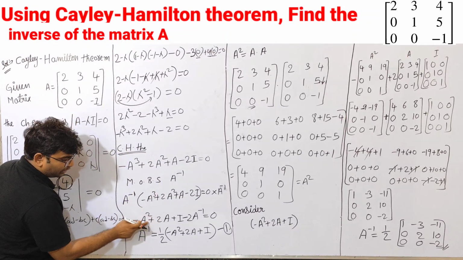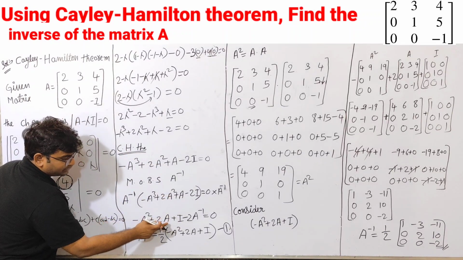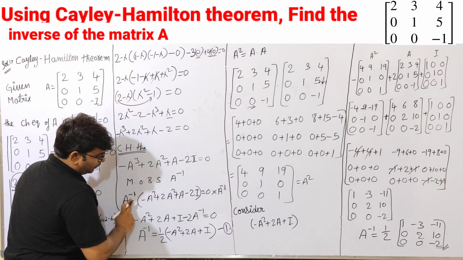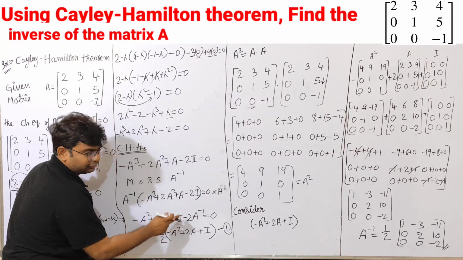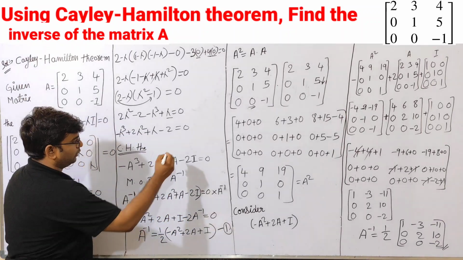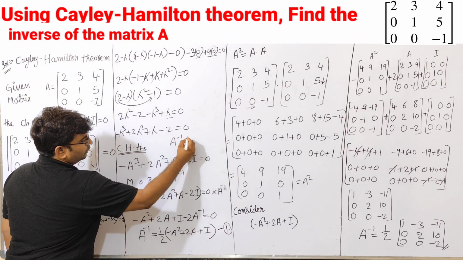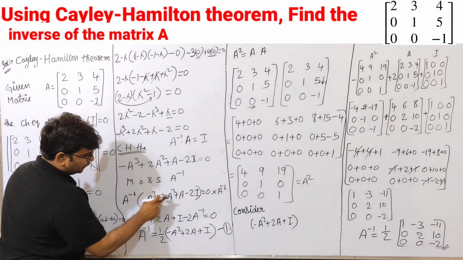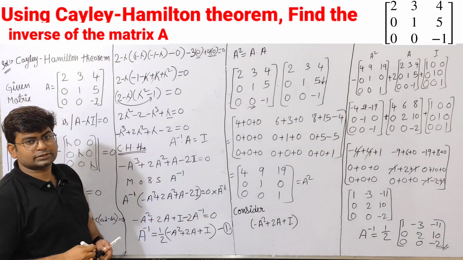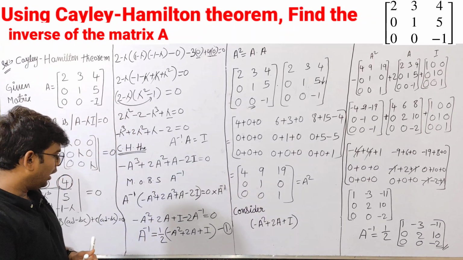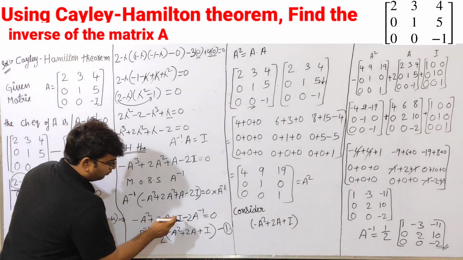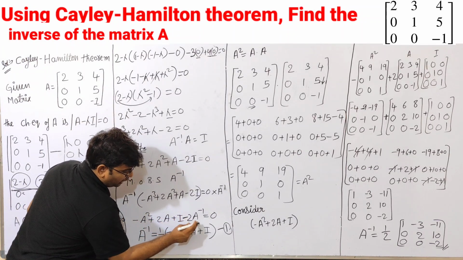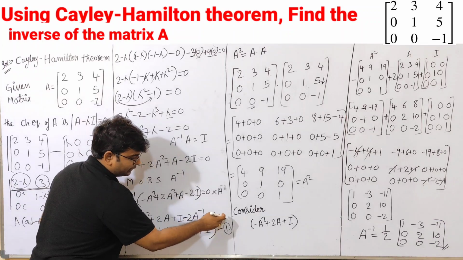A cube becomes A square, becomes A inverse into A inverse into A inverse into A is equal to I. Now A inverse into A inverse we got. Okay. After this, minus 2A inverse we should send to the other side.